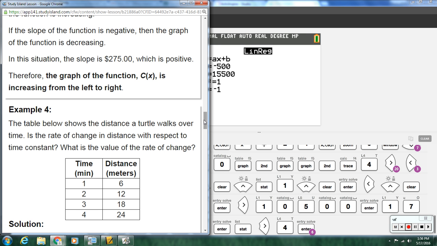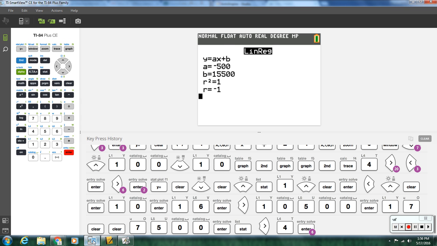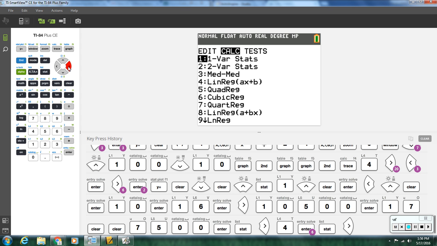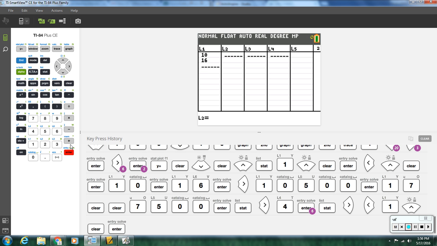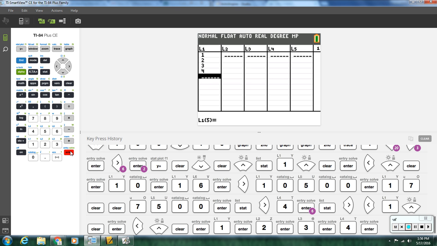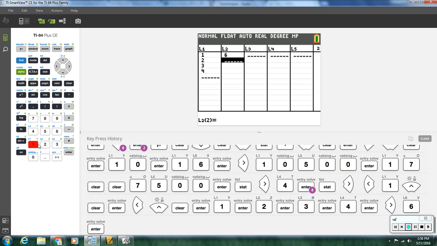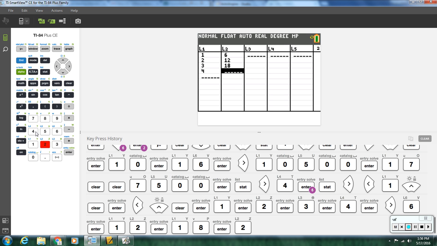You're given a table: 1, 2, 3, 4, 6, 12, 18, 24. So those are the things you should have.